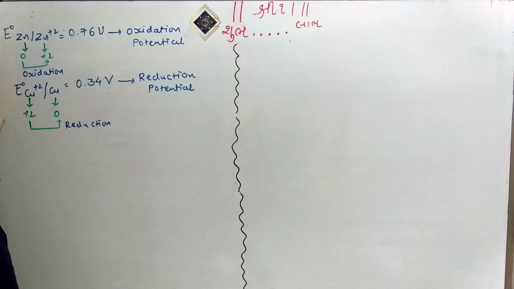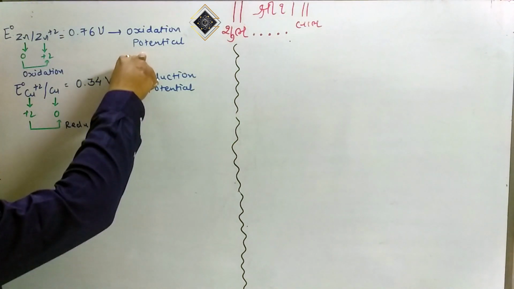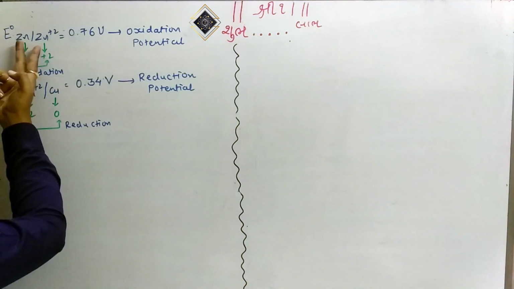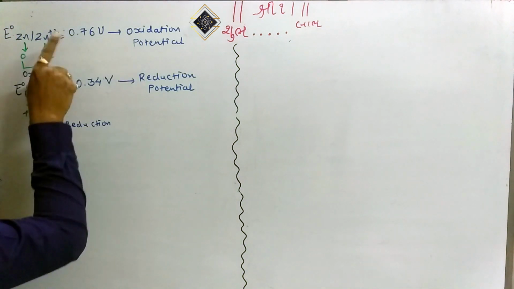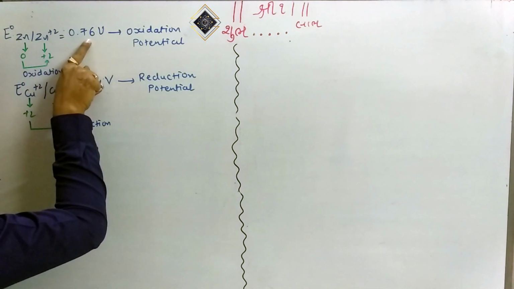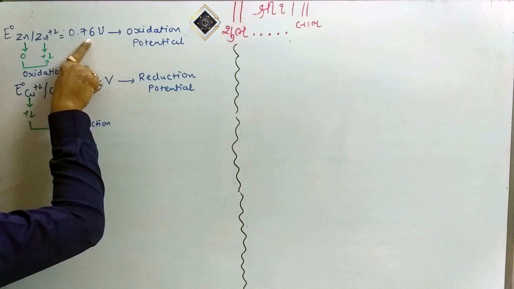How can we convert the given potential, oxidation or reduction, into the opposite terms? The first one, the given potential is oxidation. To convert it to reduction, just invert the representation. As we discussed, oxidation and reduction potentials are numerically equal but opposite in sign.